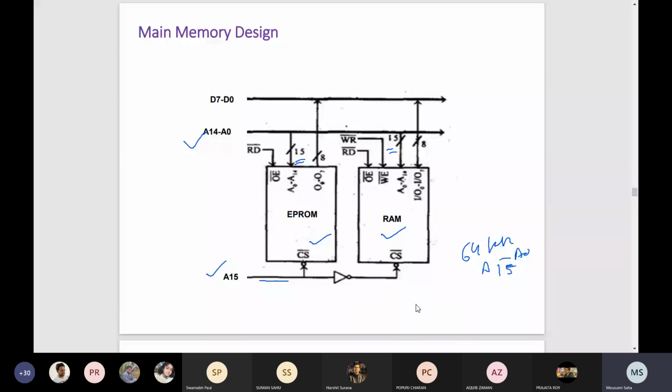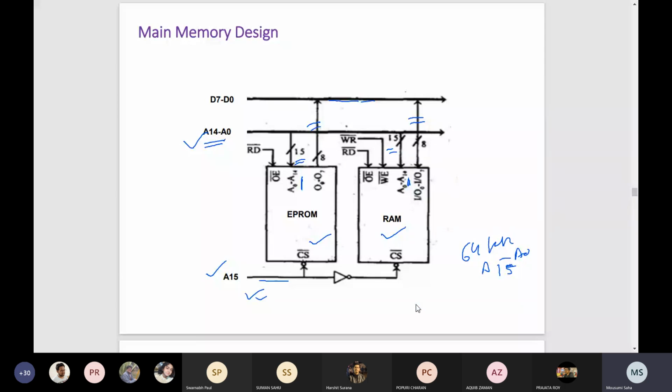So for that reason you have here A0 to A14, A0 to A14. So A0 to A14 you can connect to these two memory chips, and the data lines are 8 bits, so you can connect them through the data buses. Here A15 is used for selecting the EEPROM.